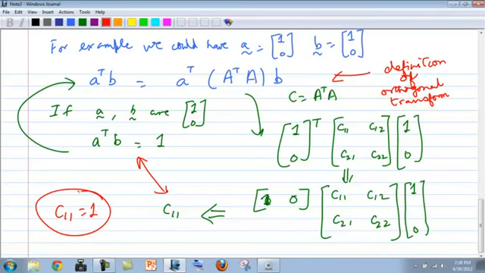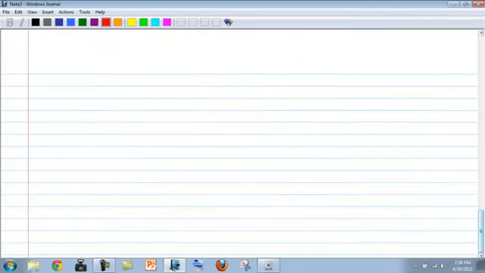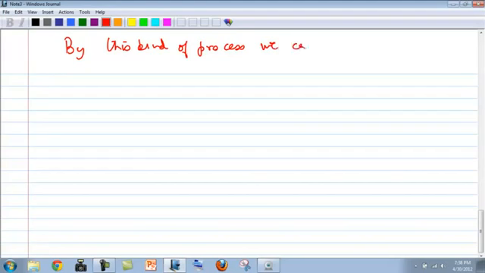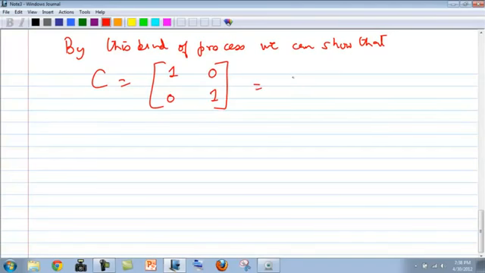And I can now try out different choices of A and B, which will effectively select different entries in C. And by this kind of process, we can show that C is the identity matrix 1 0 0 1, and this is of course the matrix A transposed A.